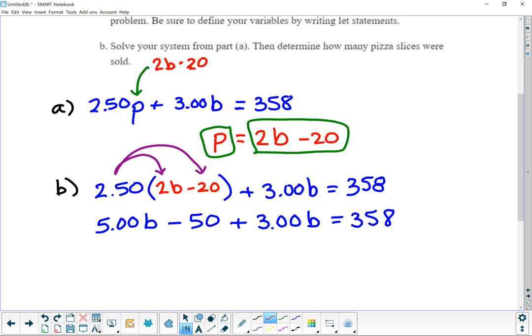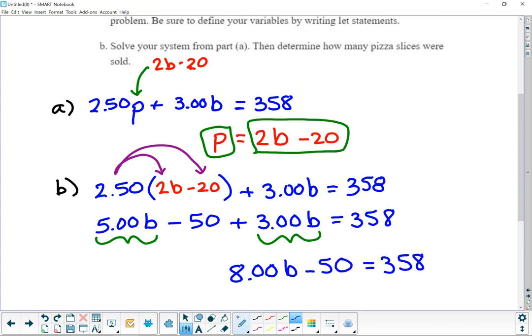Now you're going to combine like terms. We have a $5B and also a $3B. Together they make 8.00B. You could just put 8, but I'm going to match it. Minus 50 equals 358.